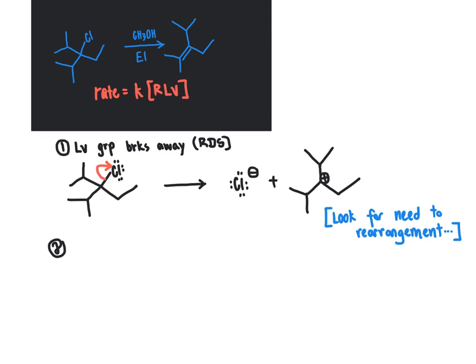Now the next step of the mechanism is going to be the beta elimination. Just like we saw with the E2 reaction mechanism, the beta position is relative to where the leaving group left. So we can draw in our structure here of our carbocation, and plug in our positive charge.